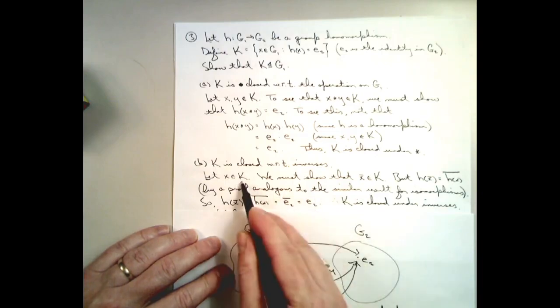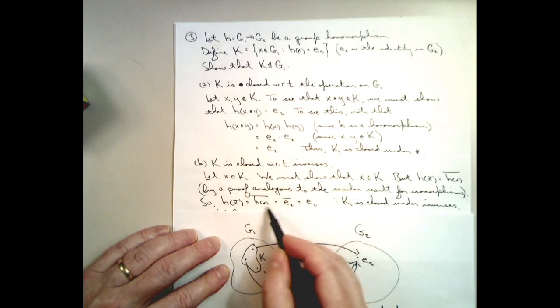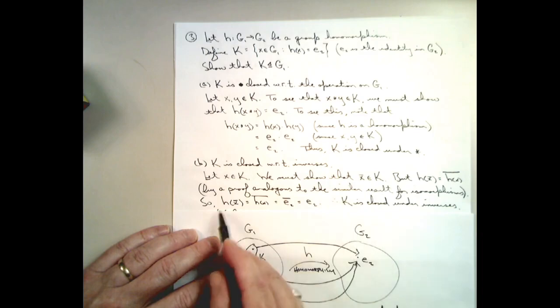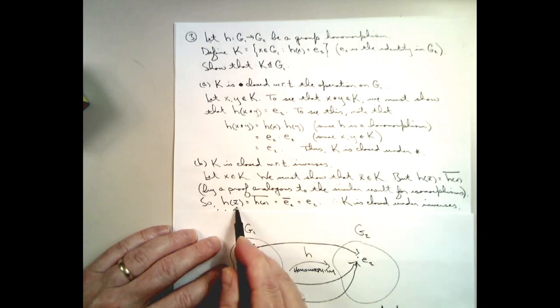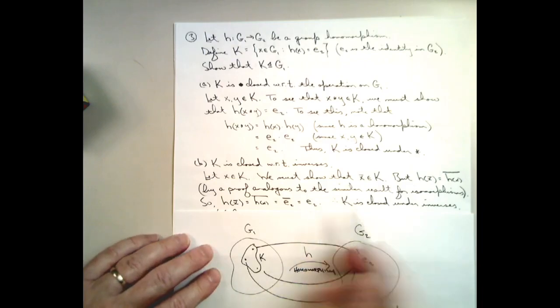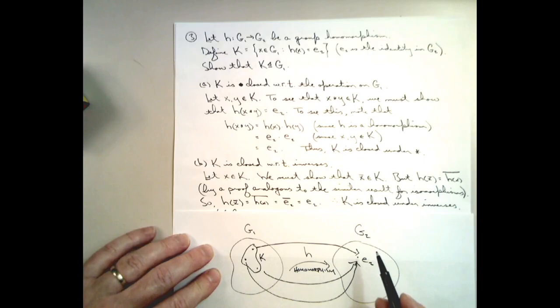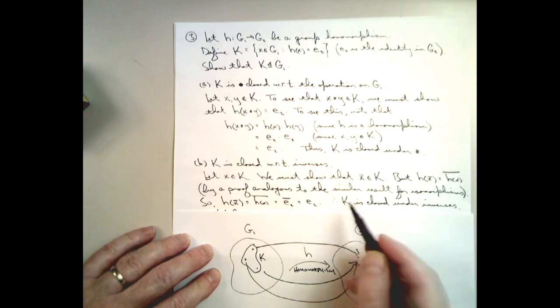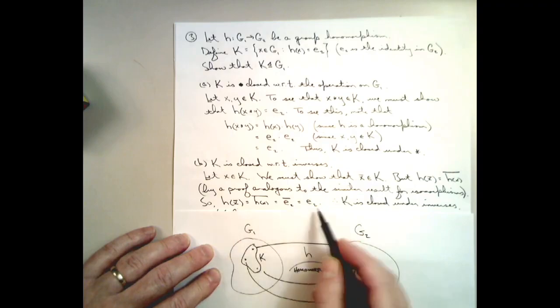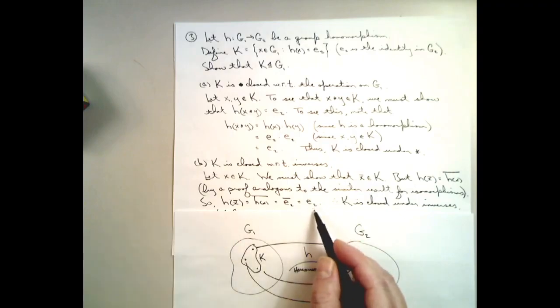But again, X vanishes, right? X is in K. And so H of X is the identity element. Well, and the inverse of the identity is the identity. So we do have that H sends the inverse of X to the identity. Well, that's exactly what it takes to belong to K, right? The membership requirement to be in K is that the homomorphism maps the element to the identity.